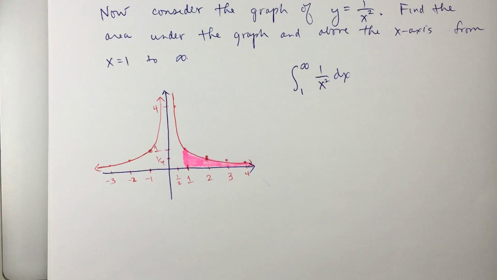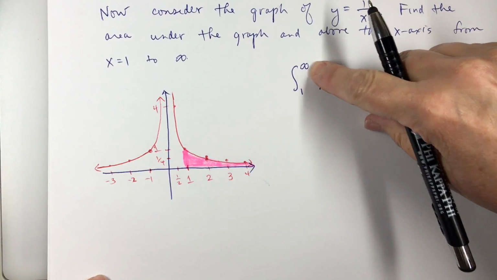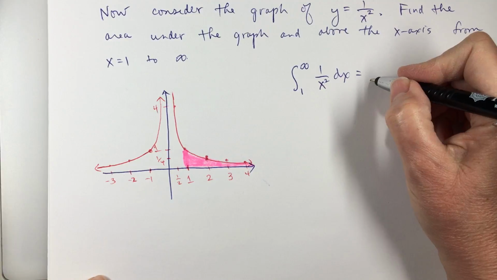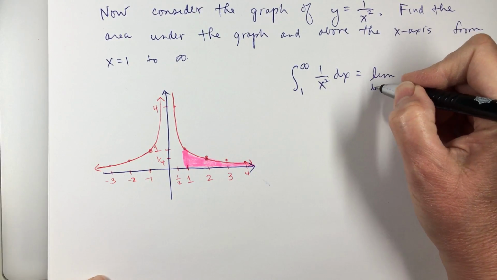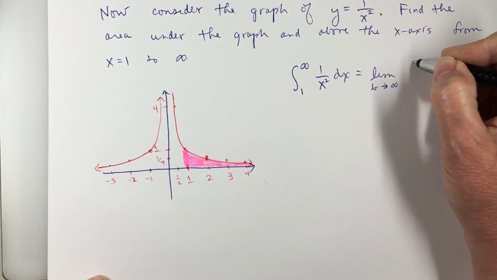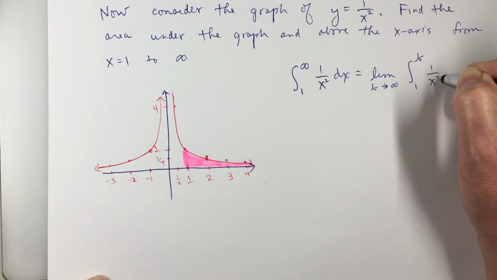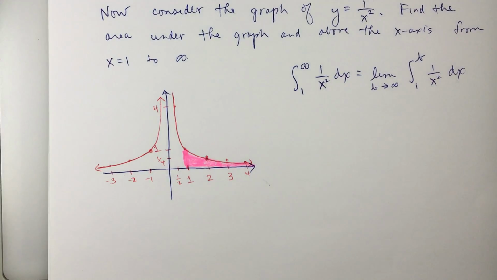Now the problem with this is that infinity. I want a number right here. So I'm going to say, well, let b be a number, and I'll do the limit as b approaches infinity of the integral from 1 to b of 1 over x squared dx.